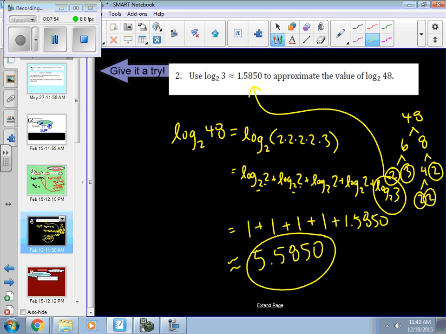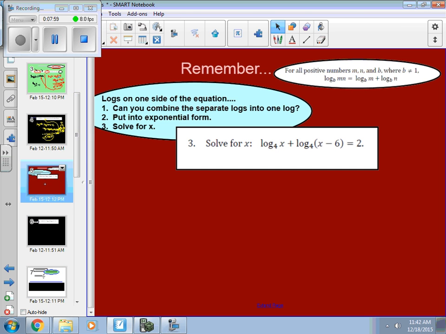Okay, some other applications you can use this log property for would be to solve problems that look like this. Anytime you get one of these, what you're going to try to do is use some of those log properties to combine or separate the logs. In this one, we have two logarithms on the same side of the equals, so we are going to try to combine these together into a single logarithm.